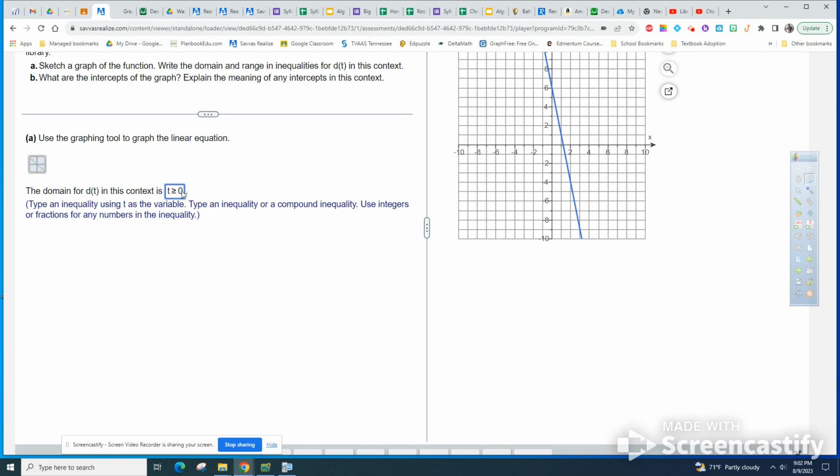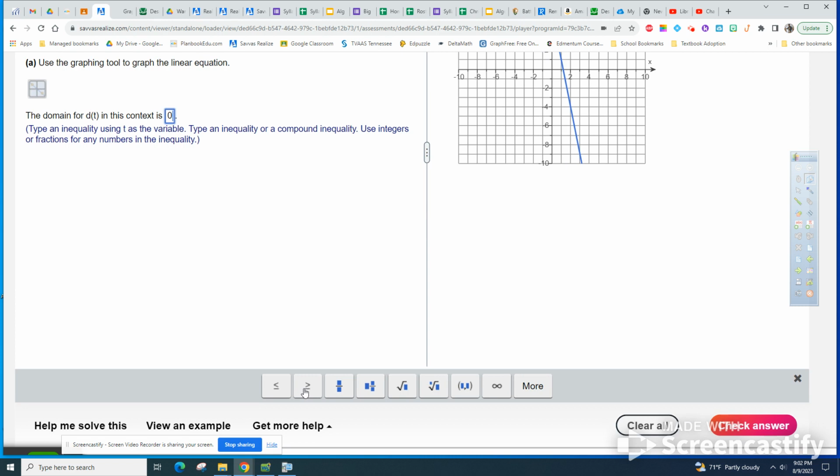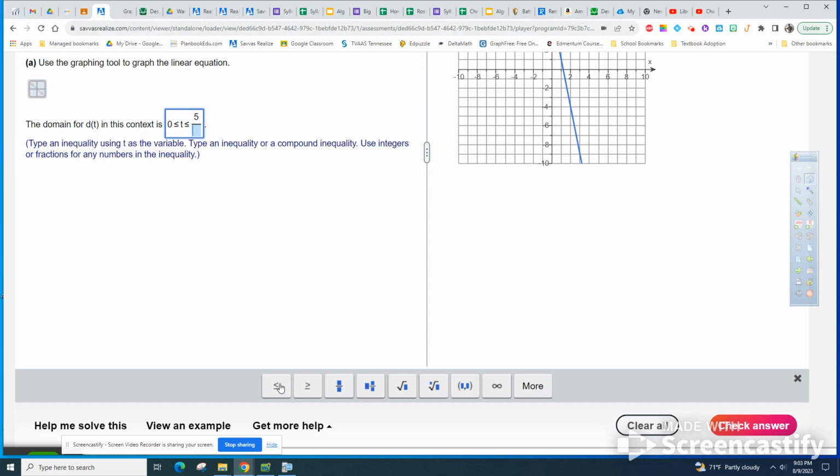Okay, so let's start over here. We go 0, less than or equal to t, less than or equal to 5/4, because that's 1 1/4 is 5/4.